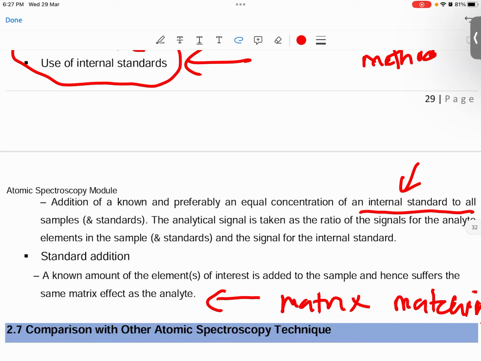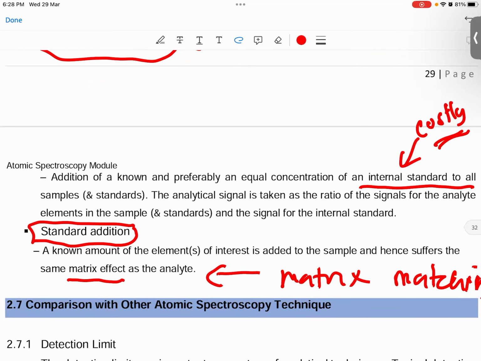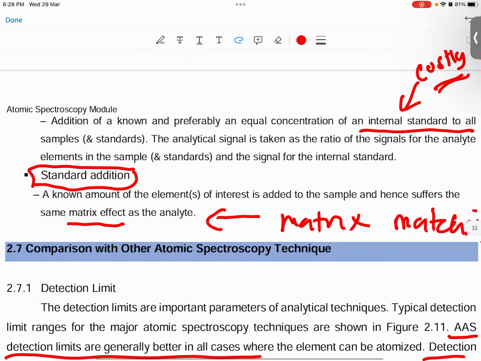This might be a bit costly because every time you have to buy the internal standard. Standard addition is the one that we had discussed before, where the matrix of the sample is added to the standard solution. We have discussed this in detail last lecture.